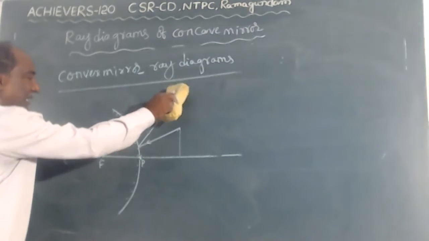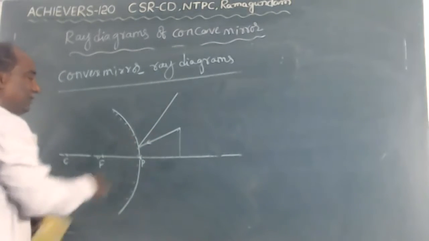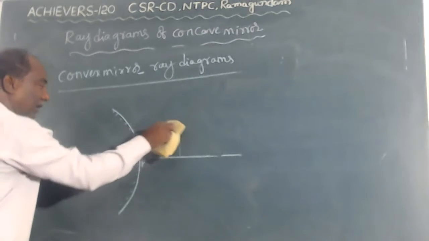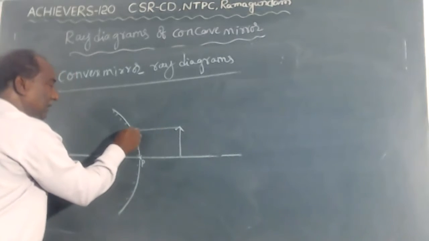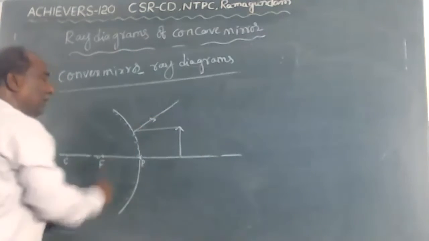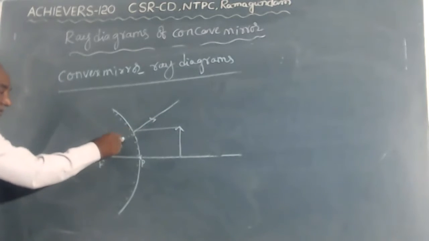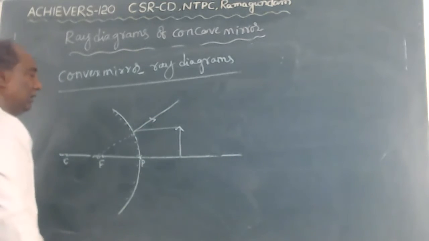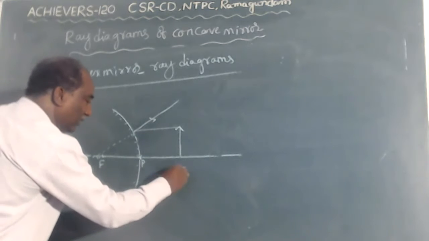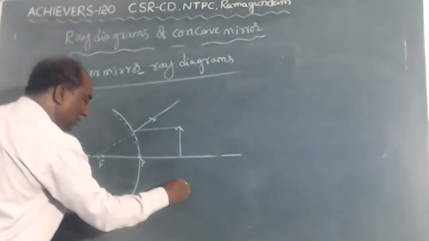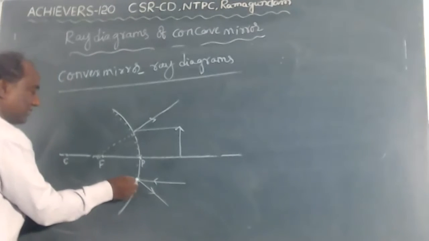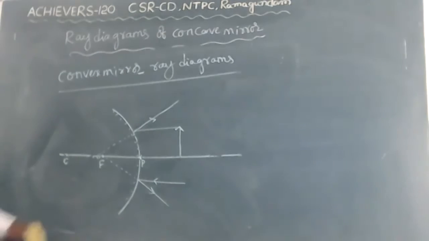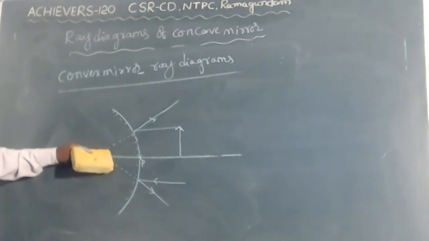Here the incident ray comes from the object. Now extend the rays and draw one more. Two rays are extended and the reflected rays are intersecting at the point F.